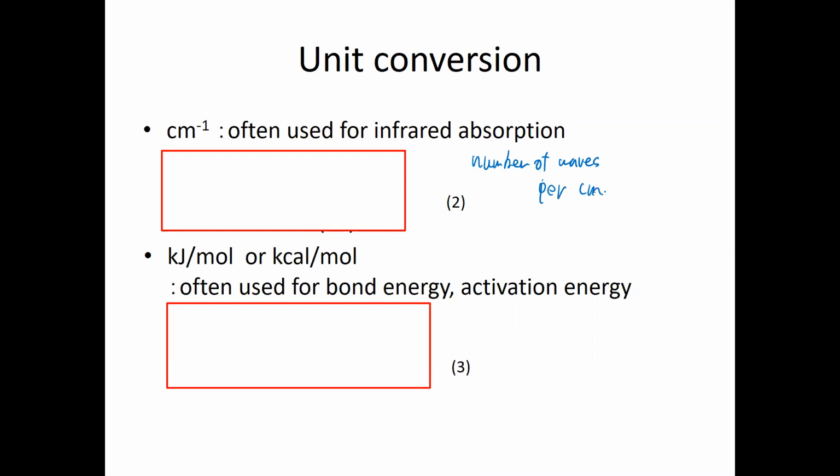Meaning that E is equal to 10 to the 7, which is 1 centimeter in nanometer, divided by the wavelength in nanometer.